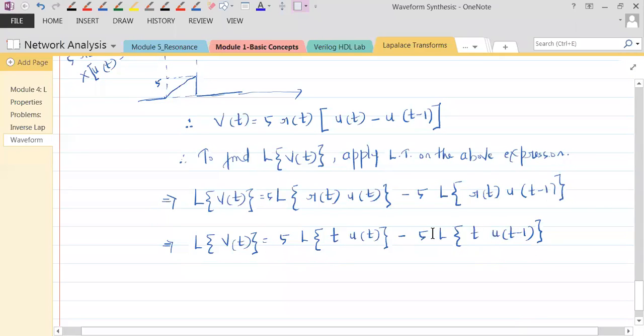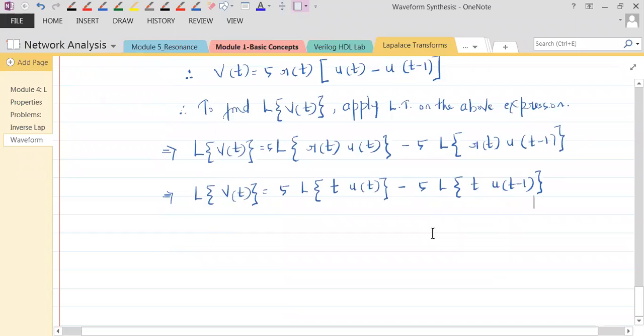We cannot apply Laplace transform on a signal which is the combination of functions of t, wherein you have one of the functions with t and another function with shifted t. If this is t minus 1, this should also be t minus 1, or if this is t, this should also be t.